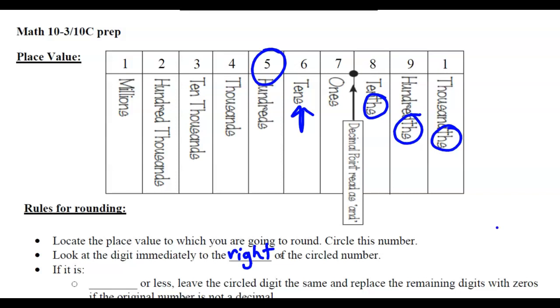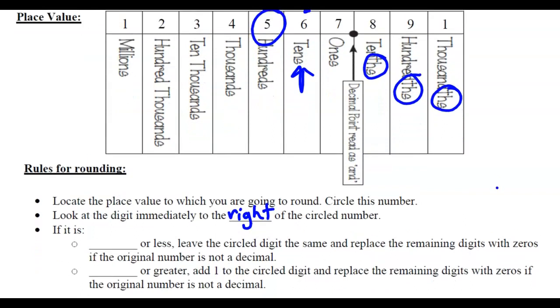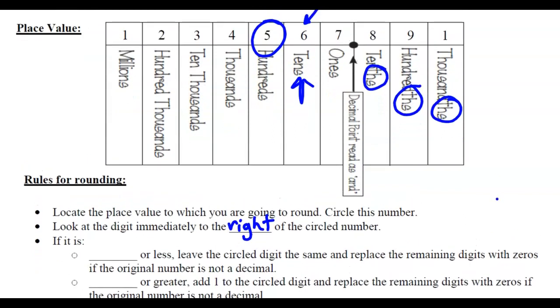Directly to the right, it's a 6, which is bigger than or equal to 5. So anything to the right that is 5 or greater, that means we round this value up. If it's 4 or less, it stays the same.